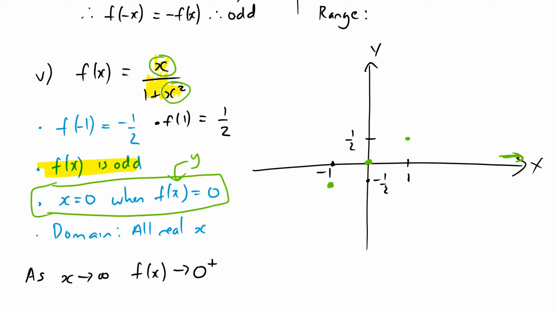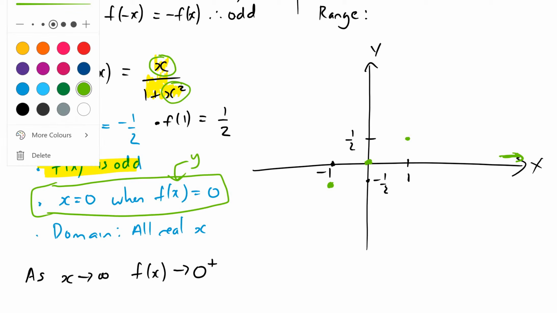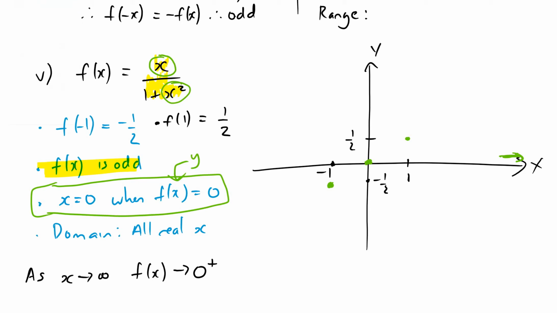It's going to approach 0, but in fact it will never reach 0. And what does that mean? It means that that line, y equals 0, is actually an asymptote, right? Because that's the definition of asymptote. The curve approaches it at the extreme values.